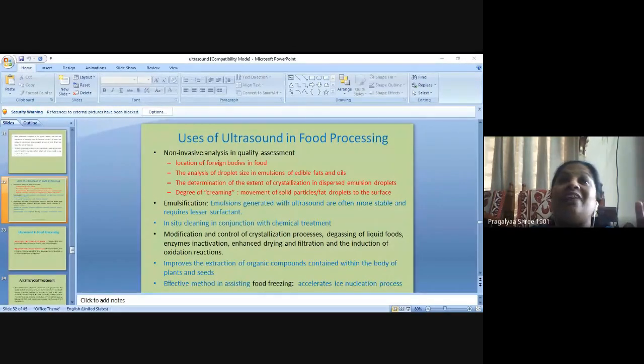And not only that, the other one is high pressure, which is released during this process. That pressure helps in the formation of free radicals, and those free radicals damage the DNA of the microorganism. And not only that, apart from the localized heating and DNA damage, there is also the possibility of micro streaming of the cell inclusions out of the cell, so that thinning of the cell membrane takes place.